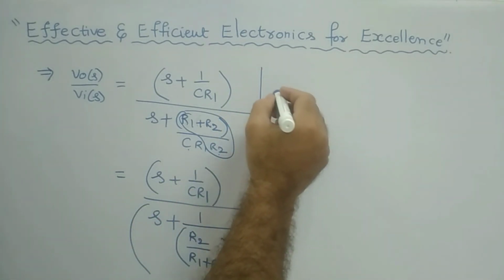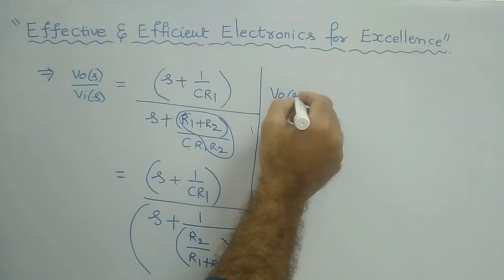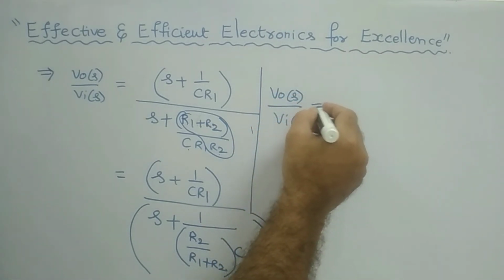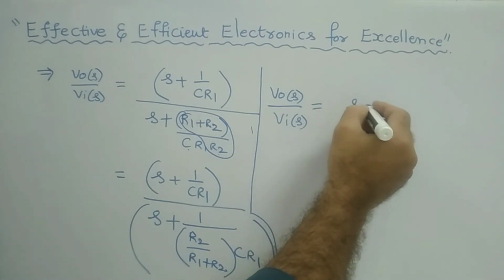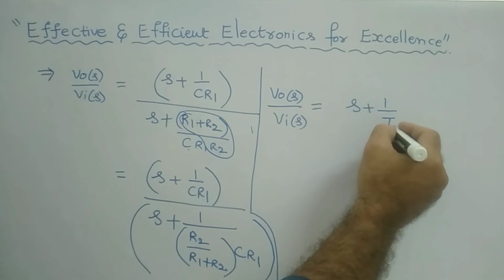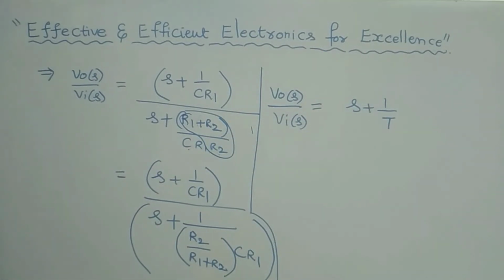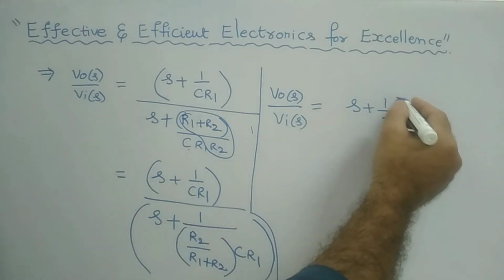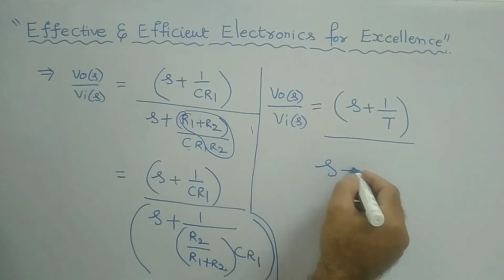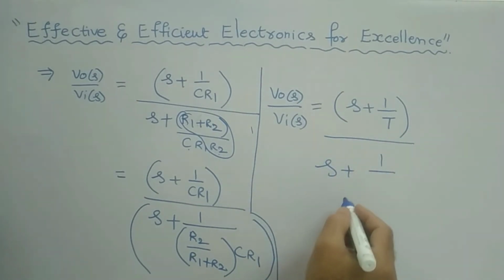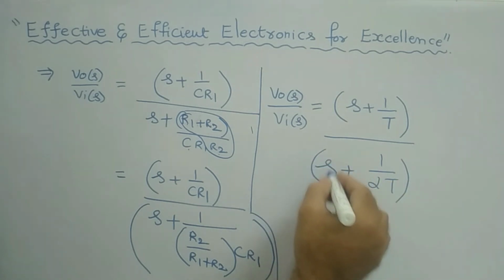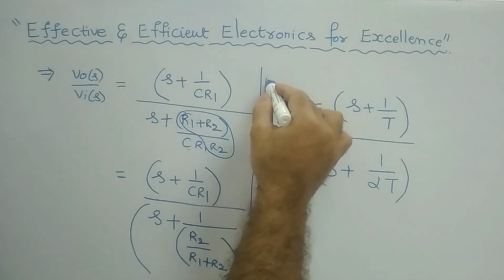Finally what I want to write is V naught of S by Vi of s is equal to s plus 1 by CR1, you can consider as some T, s plus 1 by T, by s plus 1 by alpha times T. This is the very standard form of transfer function of compensator.